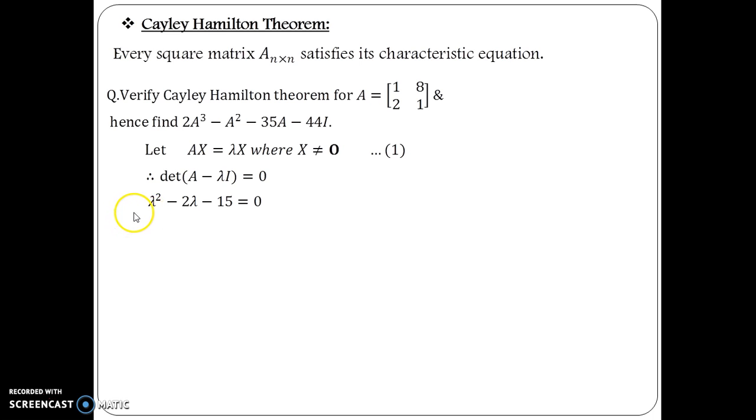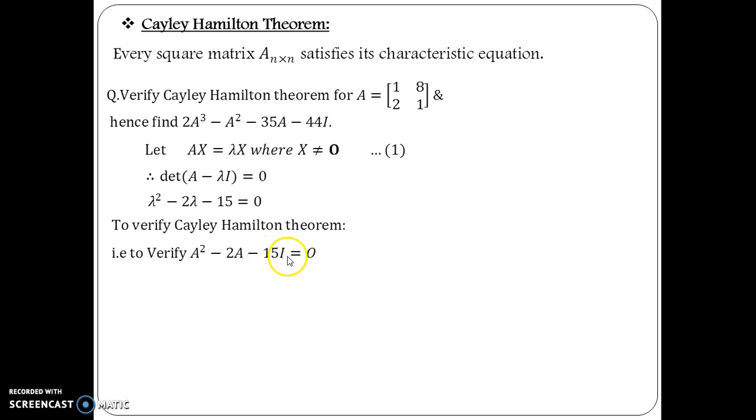Now what it says is that every square matrix A satisfies its characteristic equation. Now we have to verify this statement. We have obtained the characteristic equation, and in order to verify Cayley-Hamilton theorem, we will have to verify that when we substitute lambda equal to A, we obtain the equation A square minus 2A minus 15I equals 0.